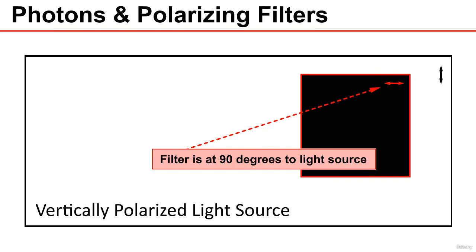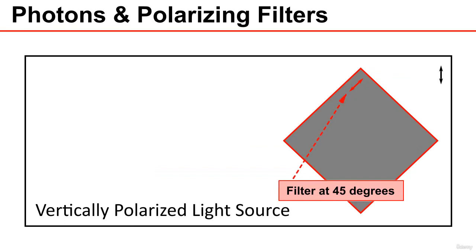In the diagram shown here, the light source is producing vertically polarized photons, but the filter is now horizontal. That is, the filter and the photons are at 90 degrees to each other. So the photons are always blocked. The filter in this configuration is opaque, so it appears black.